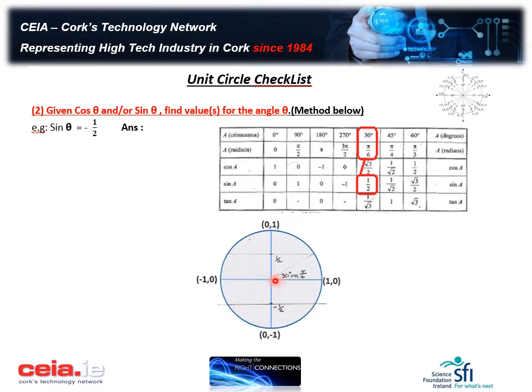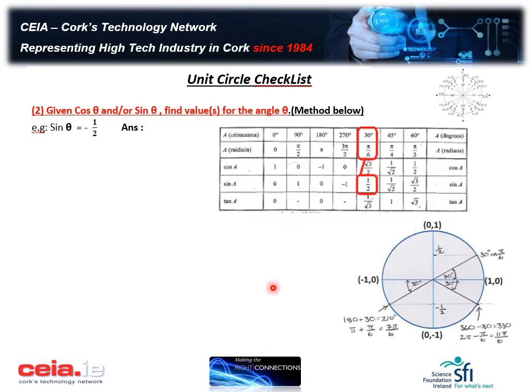Given that if it's plus a half this angle is pi over 6, at minus a half this angle here is 2 pi minus pi over 6, which is 11 pi over 6.